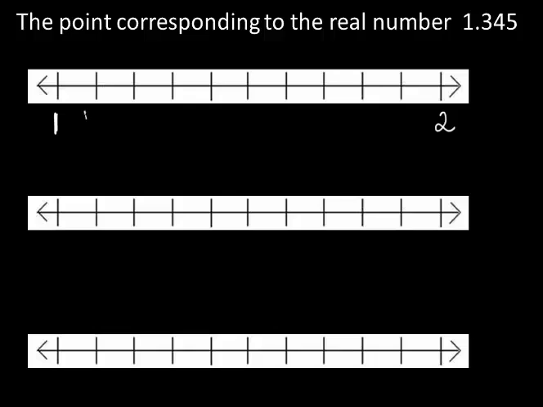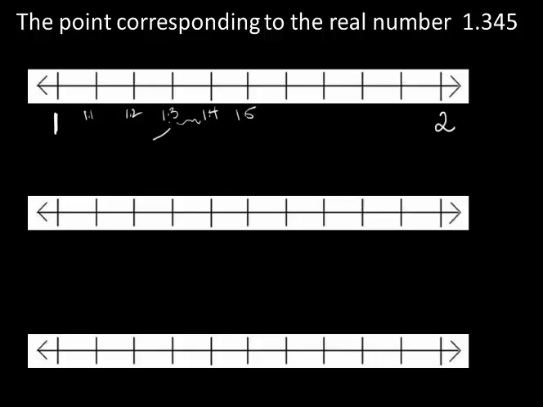So this is 1.1 here, and this is 1.2, and 1 3/10, and 1 4/10, and 1.5, etc. And we know that 1.345 will be somewhere between 1.3 and 1.4.